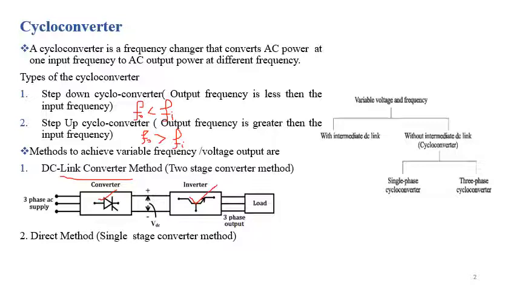To summarize the methods of achieving variable frequency and voltage at the output of a converter, we can achieve it with a DC link method or without a DC link method, which is a single stage conversion method, which is further classified into single phase cycloconverter and three-phase cycloconverter. In this lecture, our focus will be on the single phase step-up cycloconverter.